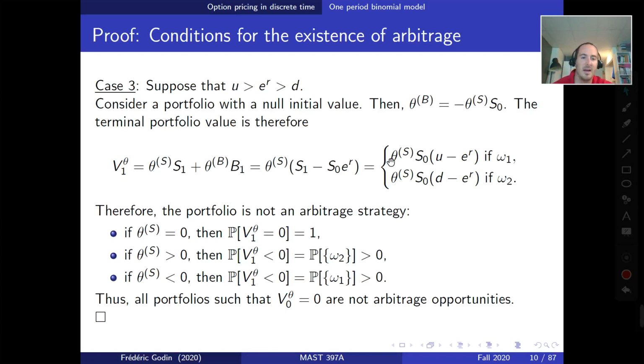If theta S is equal to 0, then you have 0 possibility of gain, so there's no arbitrage opportunity. And if theta S is different than 0, then at least one of these two terms is negative, so the portfolio is not an arbitrage opportunity. And this completes the proof. So we've just shown the last case: if exponential of R is strictly in between D and U, then there's no arbitrage opportunity on the market.